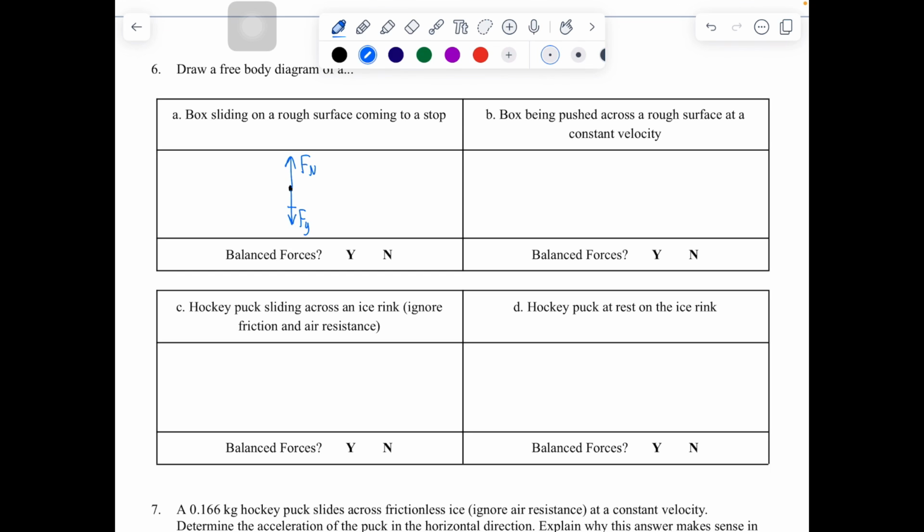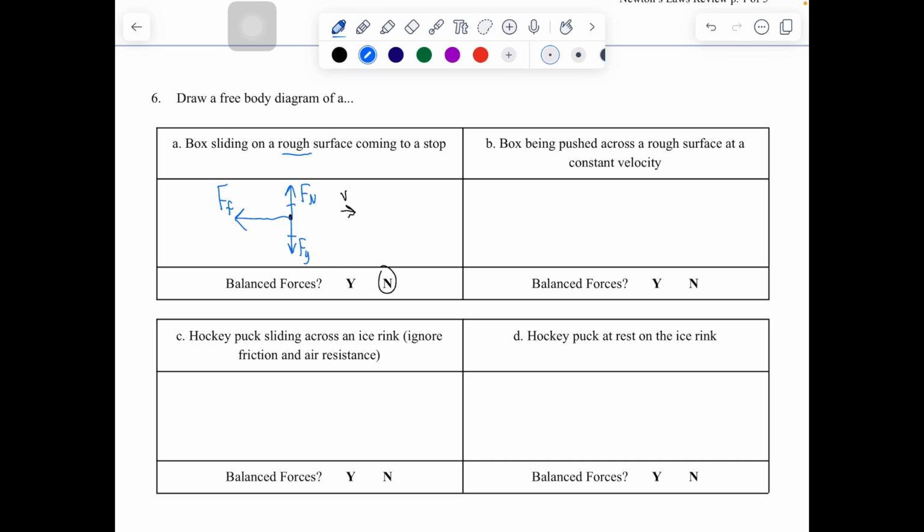These are going to be balanced. It's not accelerating up or down. But there is friction. It is on a rough surface. That's our identifier for friction. It's coming to a stop. So really, this object's moving to the right. Friction is opposing motion and it's slowing down. The forces are not balanced because it is accelerating, it's slowing down.